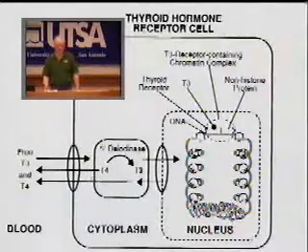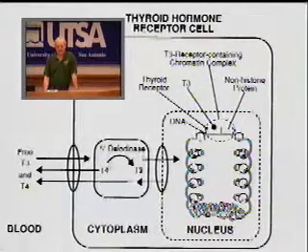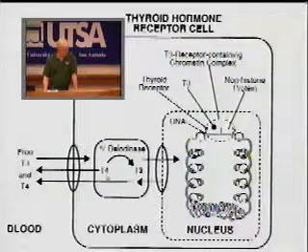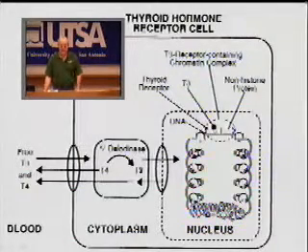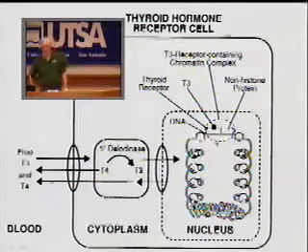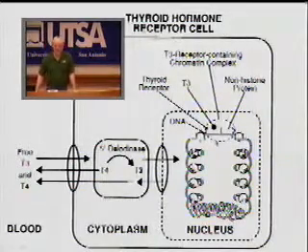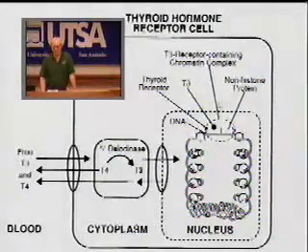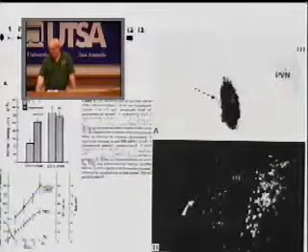Remember that's freely diffusible. And then 5' deiodinase is an enzyme that converts T4 to T3, and then the T3 translocates to the nucleus, binds to the thyroid receptor, targeting the TRE, the thyroid hormone response element on target genes. So this is our basic model, and we'll give more details.